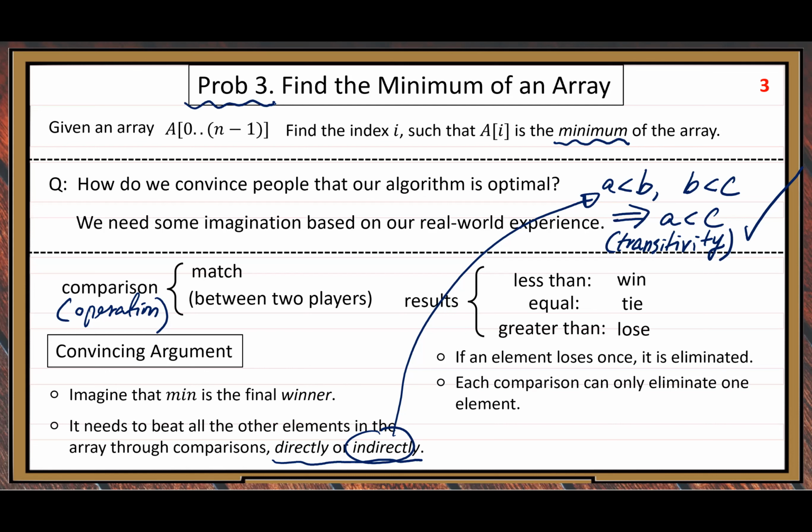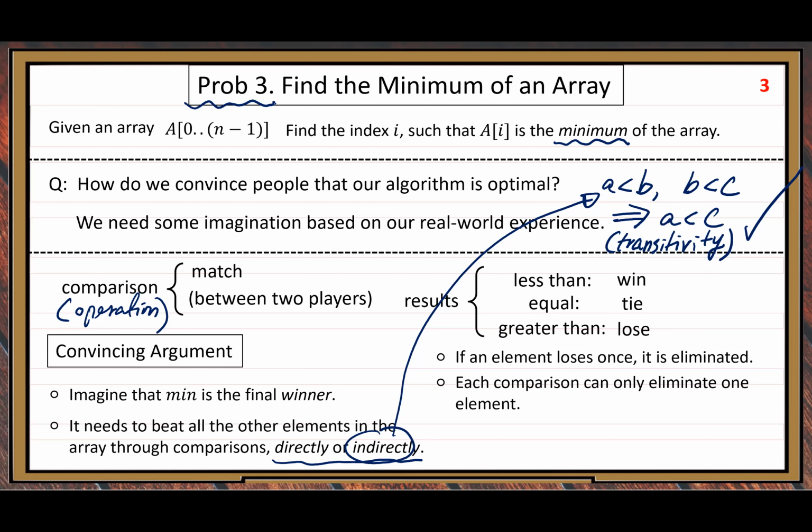Next one. Each comparison can only eliminate one element. How about that? Each comparison, one winner, one loser. That loser is eliminated. Can you eliminate the winner? You cannot, right? How can you eliminate a winner in that match?